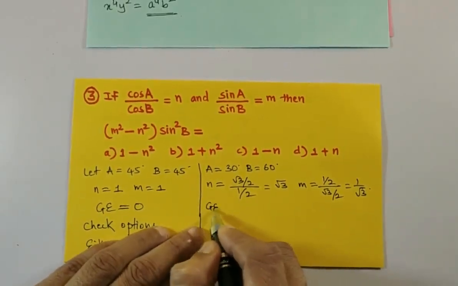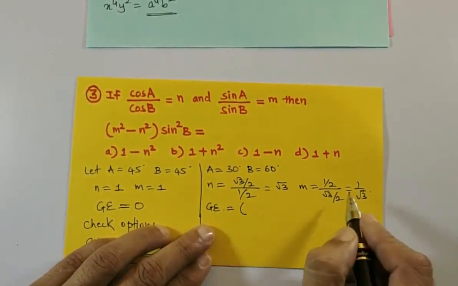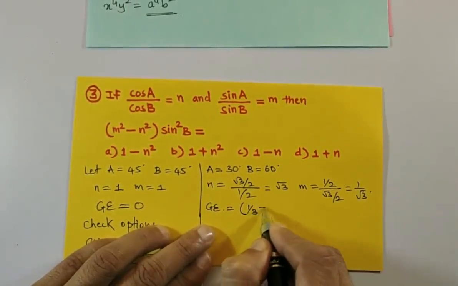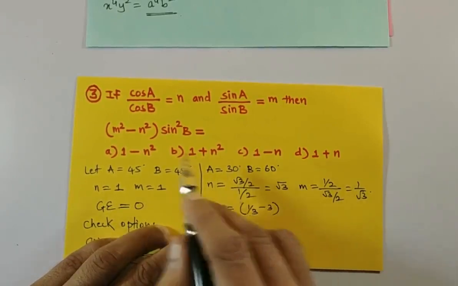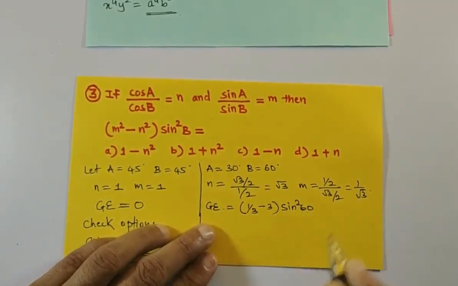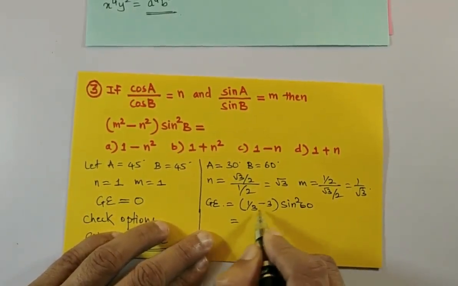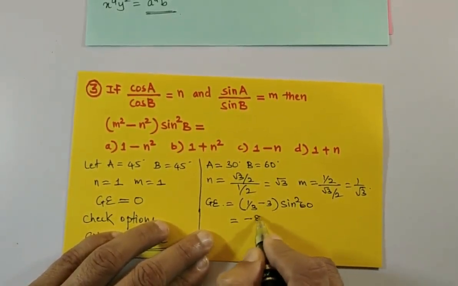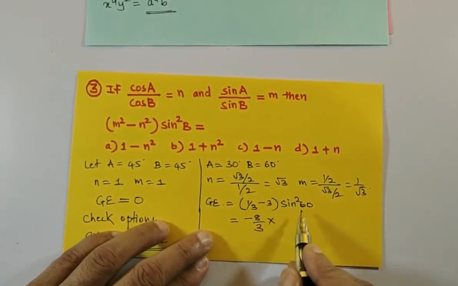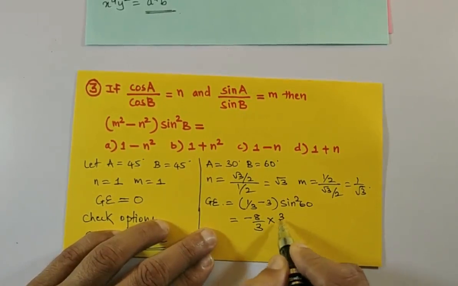Given expression, m square minus n square, so 1 by 3 minus 3, into sin square B into sin square 60. If you simplify this, you will have minus 8 by 3 into sin square 60. Sin 60 is root 3 by 2, so sin square means it will be 3 by 4.